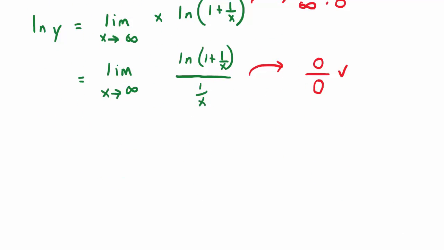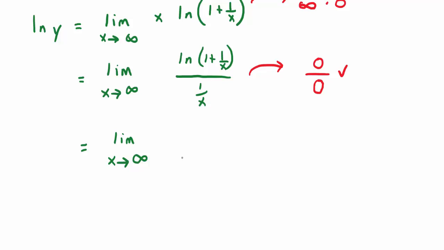Okay, so what does L'Hopital's rule say? It says that this limit will be the same as the limit, as x goes to infinity, of the derivative, respectively, of the numerator and denominator of that fraction we just created.